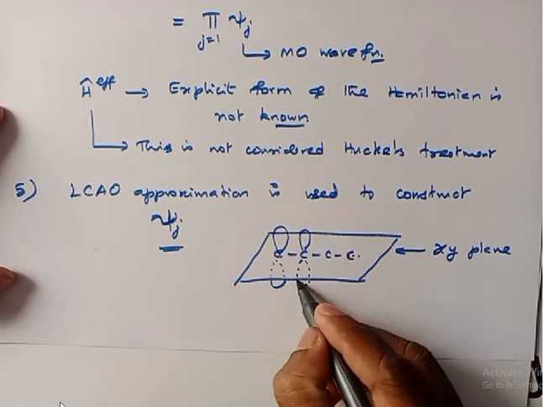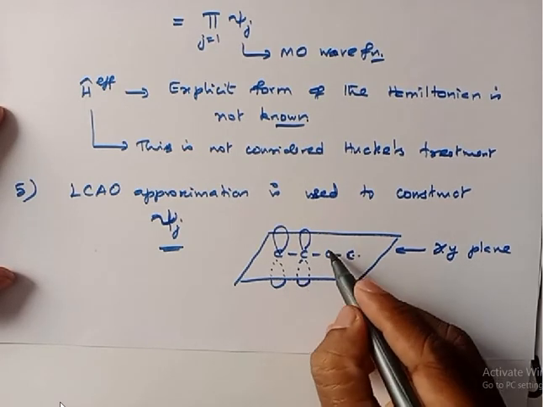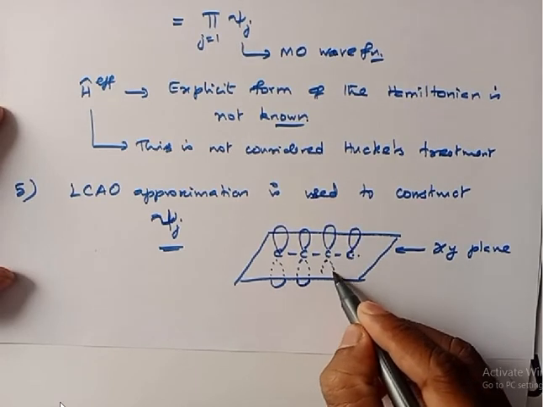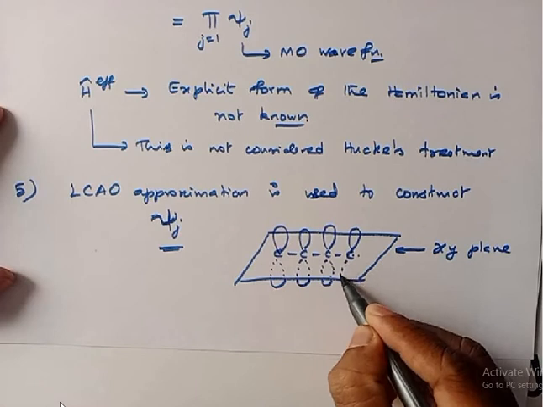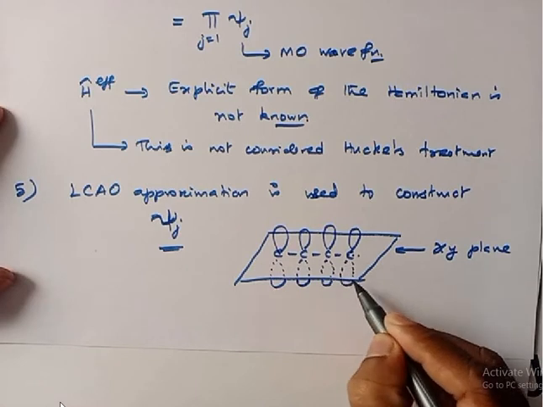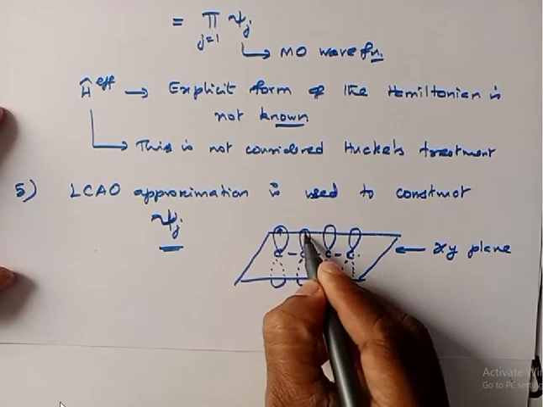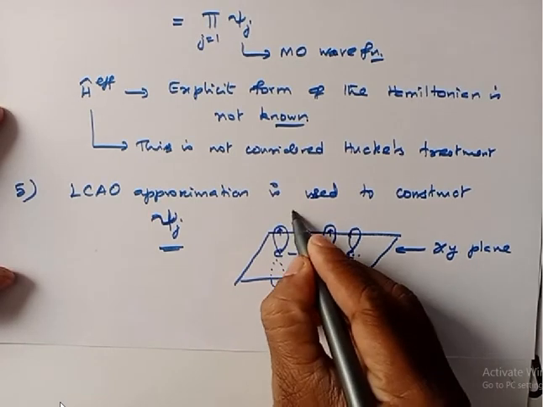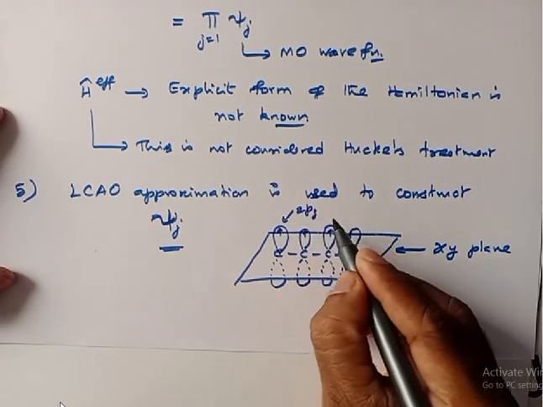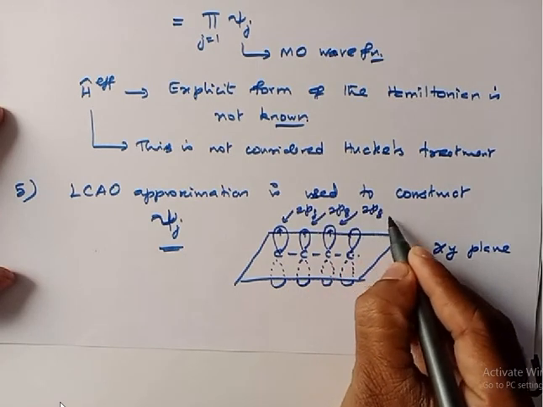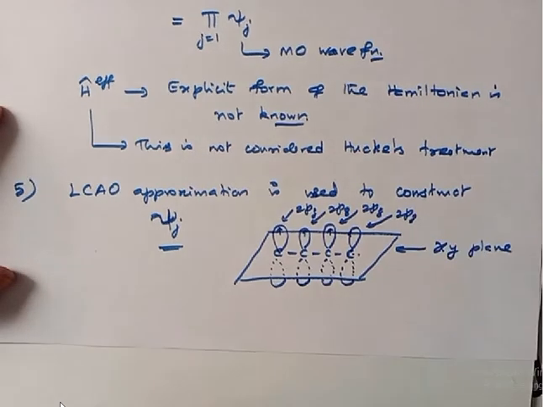Each carbon atom has a p orbital which has lobes perpendicular to the xy plane, and each p orbital has one electron. These are all actually 2pz atomic orbitals of carbon.